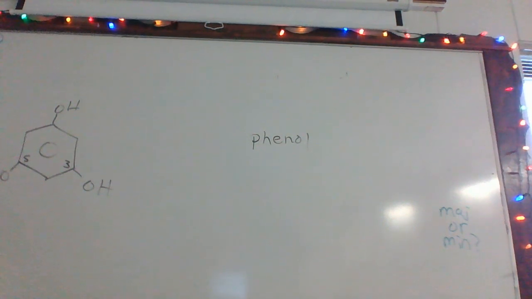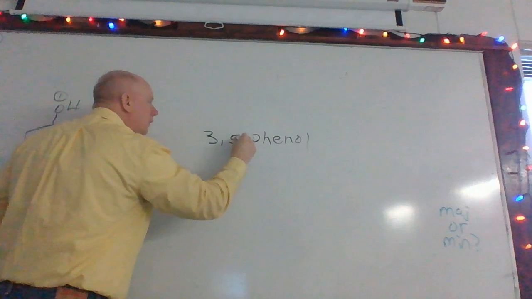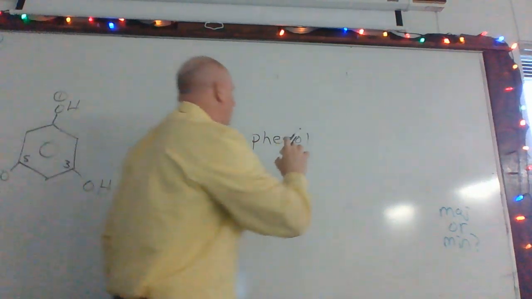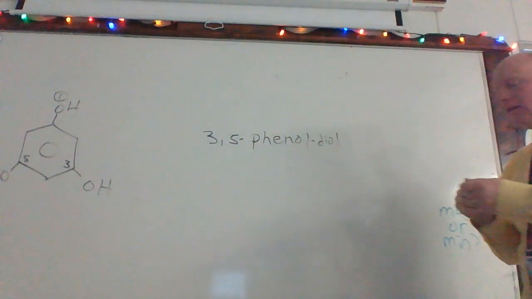So when we do that, we've already accounted for this one. So we just have these to account for, which are on which carbons? 3 and 5. So that means that we've got 3, 5 phenol-diol.